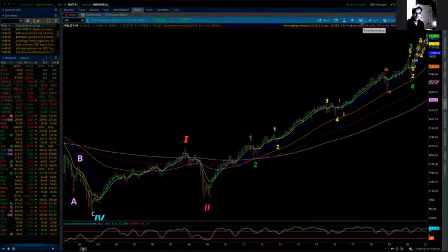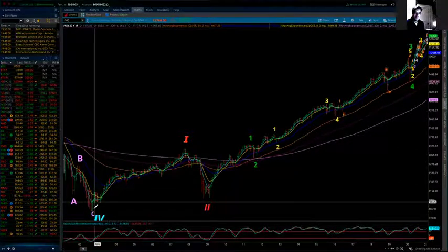So I believe that on a super cycle level, we are tracing out a super cycle wave 5 in the NASDAQ. And within that, there are going to be 5 waves of cycle degree. So our big picture encompasses a great deal of time, as you can see thus far.